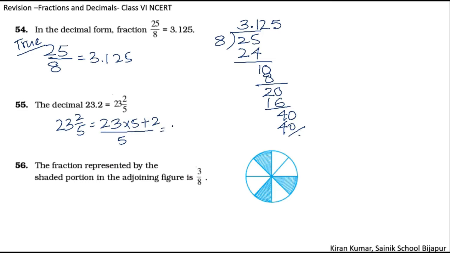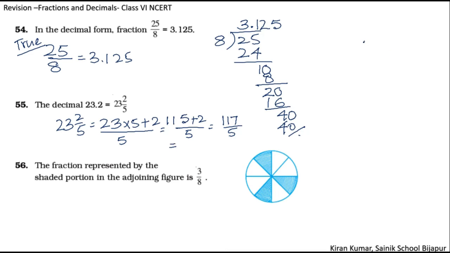This will be 5 3 is 15, 1 carry, 2 times 5 is 10, 10 plus 1 is 11 plus 2. We get it as 117 divided by 5.